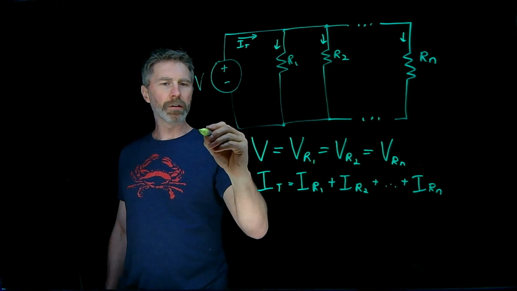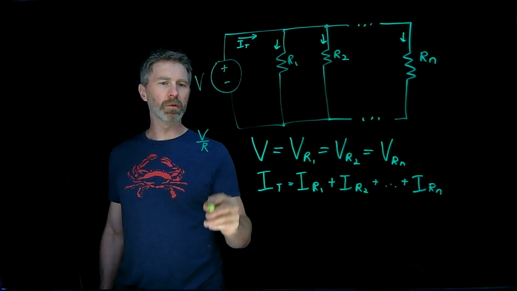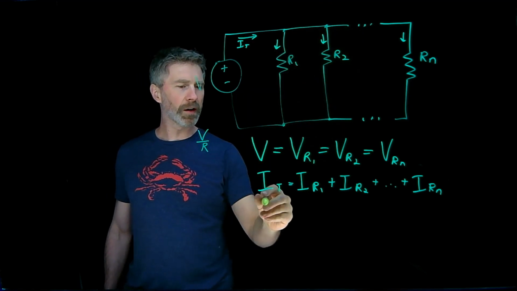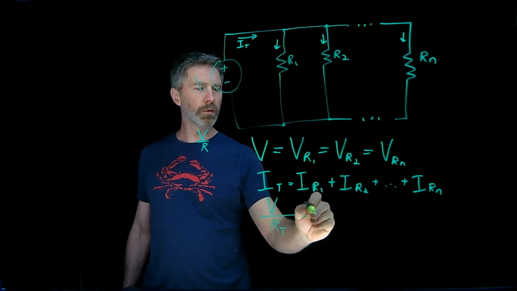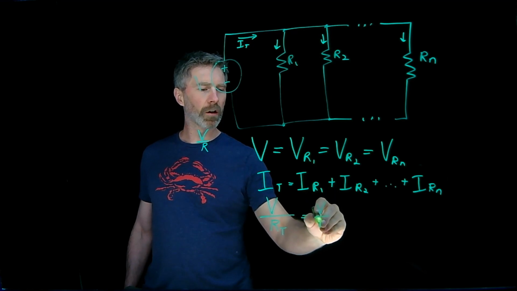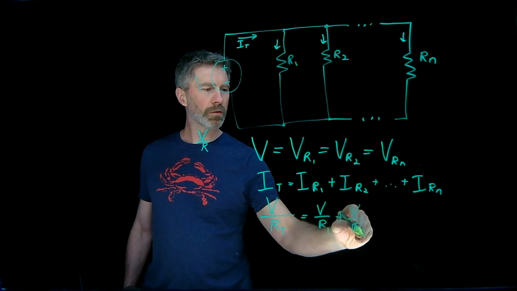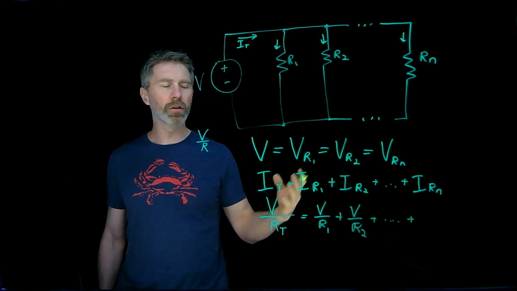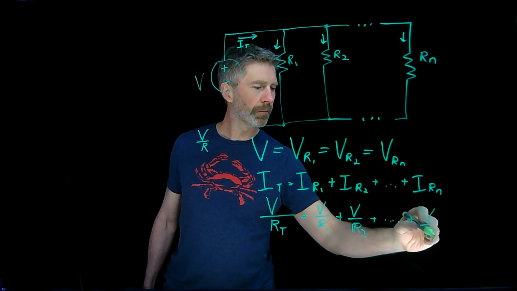Well, we know that current in general is equal to voltage over resistance. So we can take that equation for each one of these branches and say IT is equal to V over RT. And that's going to be equal to V over R1 plus V over R2 plus all of those other currents in the form of V over the resistor, plus V over Rn.